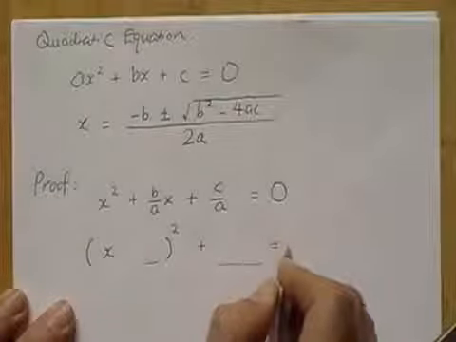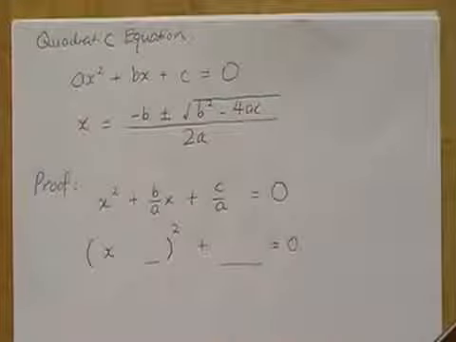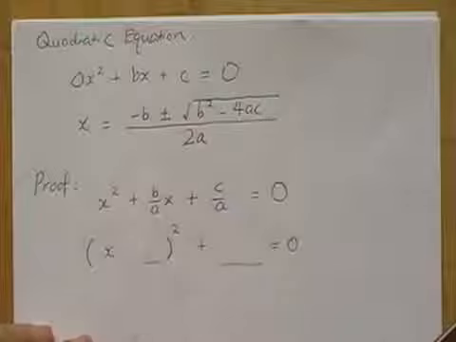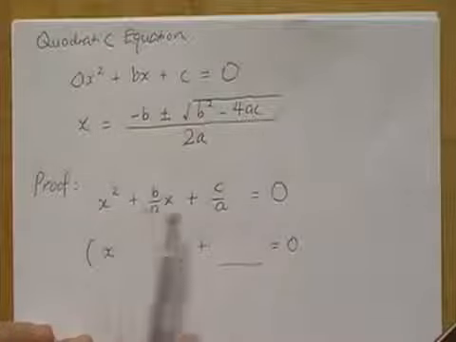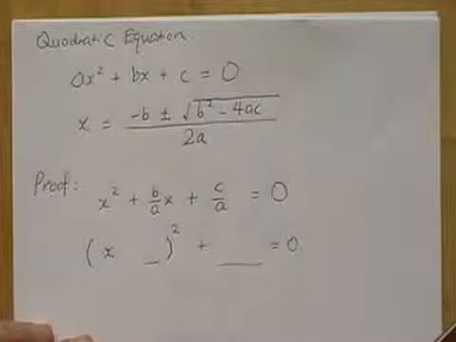On the right is still 0. That's the idea of completing the square: to rearrange the quadratic expression into this form.